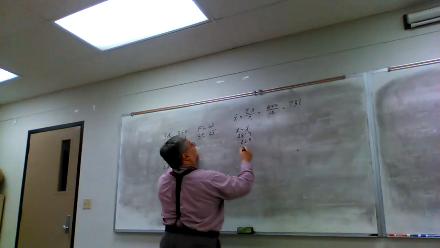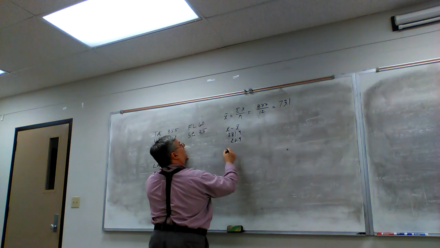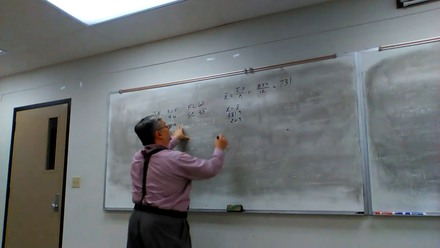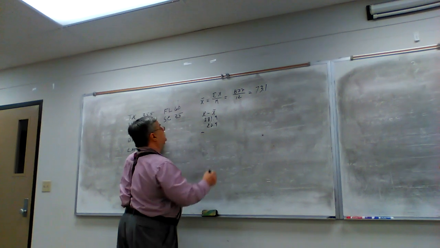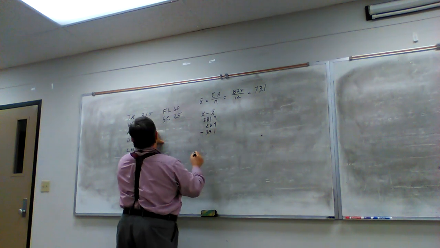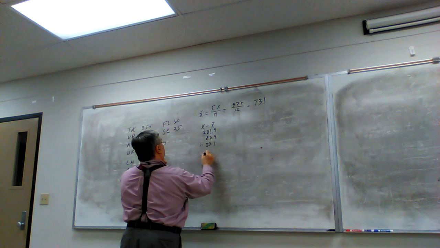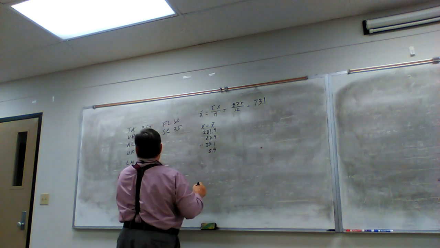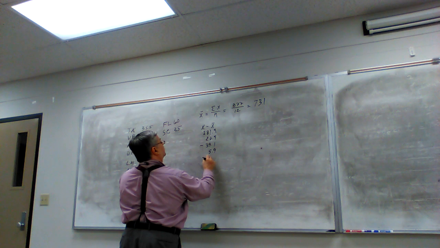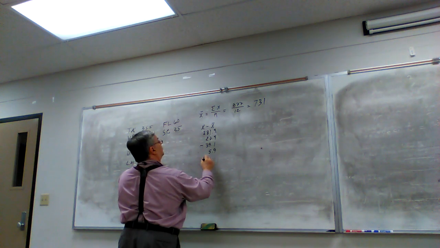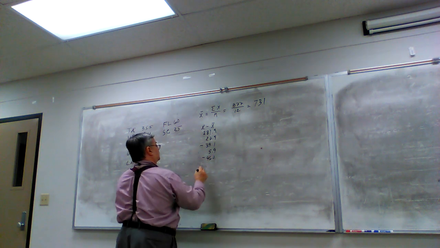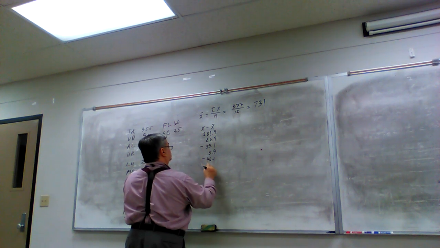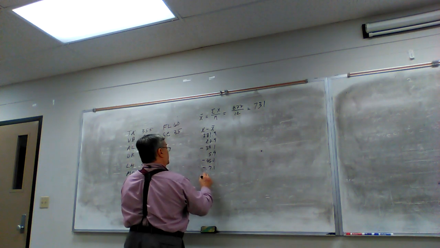Now, 34 minus 73.1 is negative. Okay. 79 minus 73.1. 27. Okay, 66. 39.